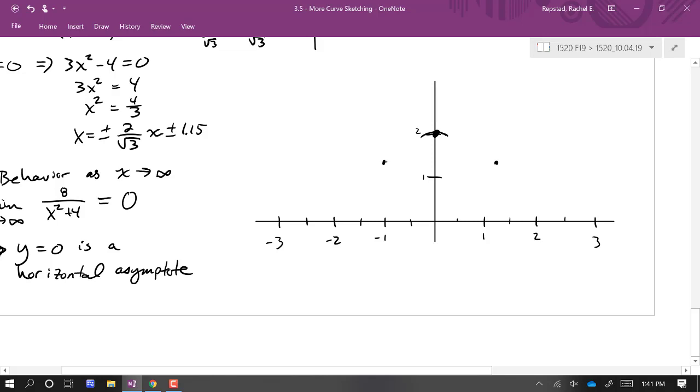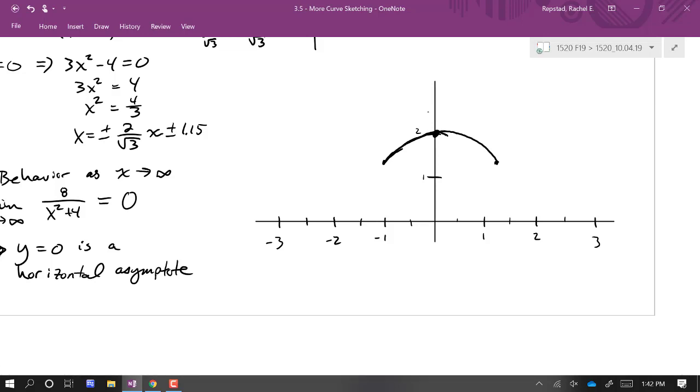It's concave down from here to here, as we observed on our table, the chart that we just made. It goes concave down increasing to concave down decreasing. On the left side, this is an inflection point. So here, it's increasing concave up.